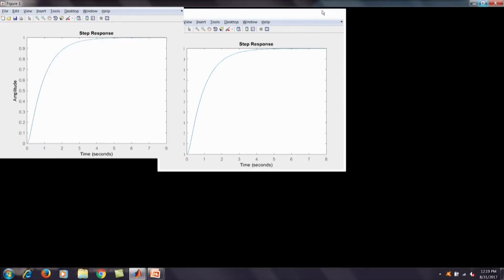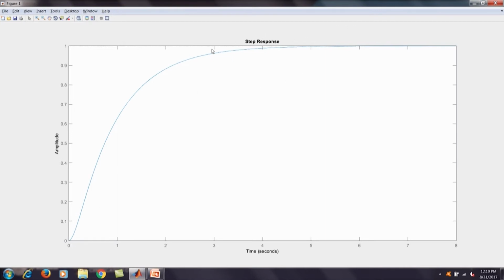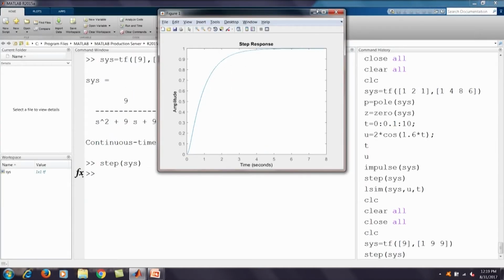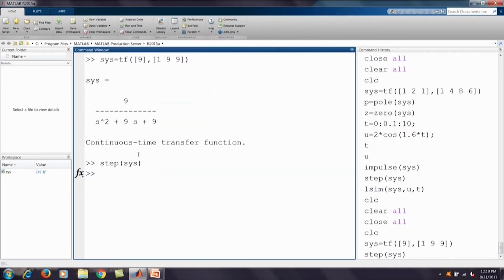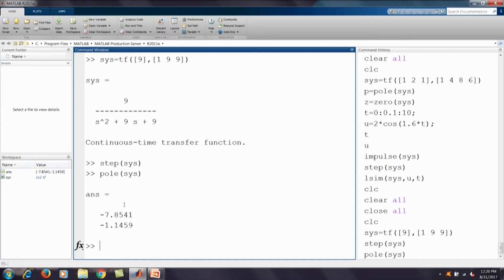Here we can see the step response of this system. There is a unity step input, and the system response is reaching towards the step input. Now we want the poles of the system, so we can write pole(sys), and we get the poles minus 7.8541 and minus 1.1459.